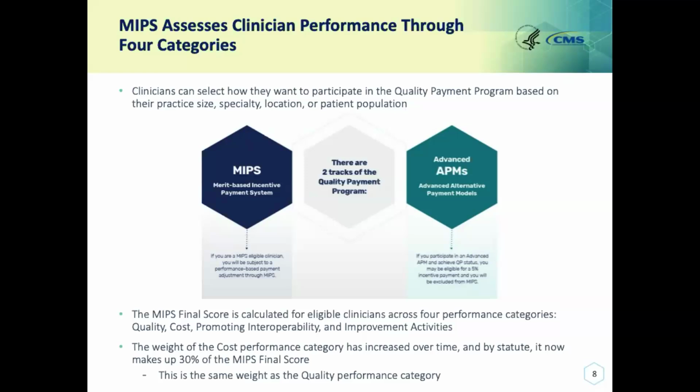Since 2022, the cost performance category has been set to 30% of the MIPS final score, which is required by statute. For 2024, the cost and quality performance categories are equally weighted at 30% each. And next slide, please.